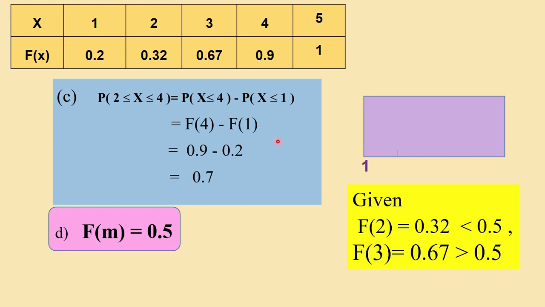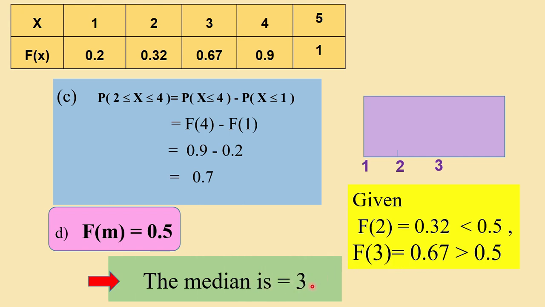F3 is 0.67, which is more than 0.5. The median is 3 because F2 is only 0.32, still less than 0.5.